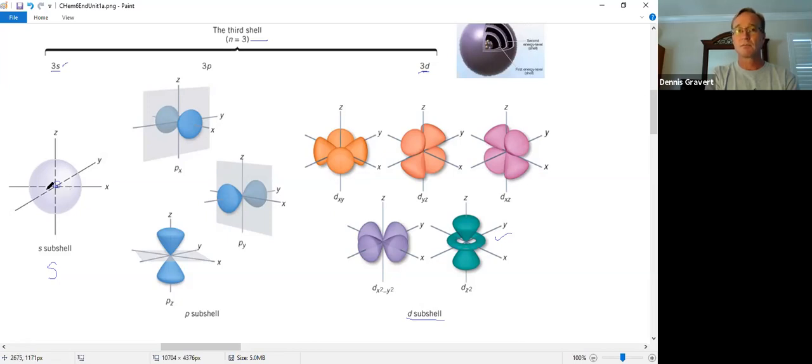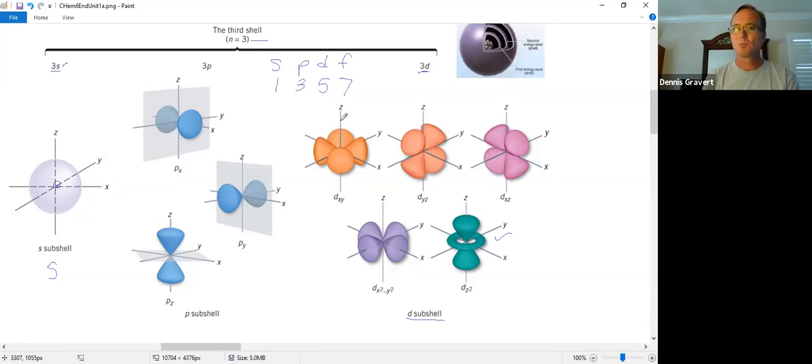S has only 1. So 1, then 3, then 5. So S, P, D, F. There's 1 S, 3 P's, 5 D's. What do you think F is going to be? 7. Another odd number. 1, 3, 5, 7.